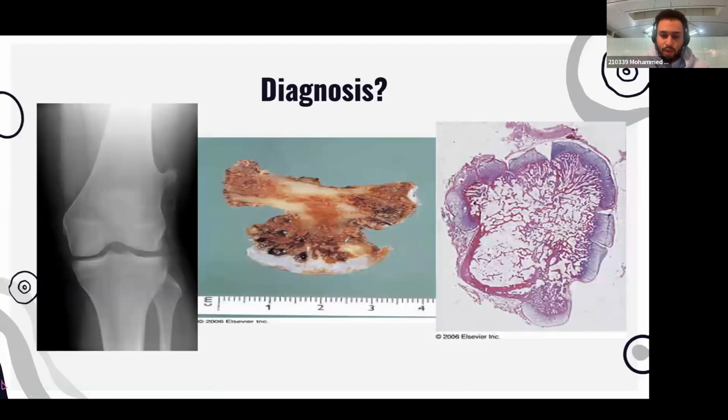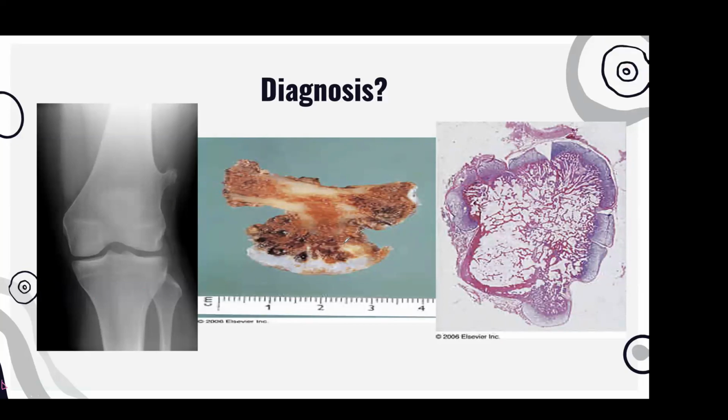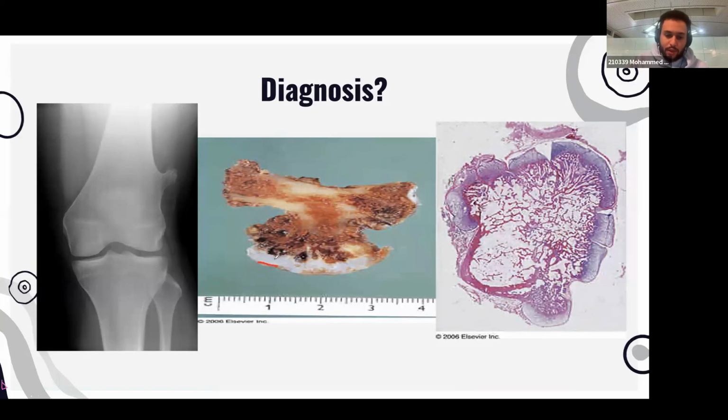Moving on. Can someone tell me what this tumor is? Osteochondroma. Good. What is this white part, or this purple part? These are cartilage. It's osteochondroma, so it's a mixture of a bone part and a cartilage part.